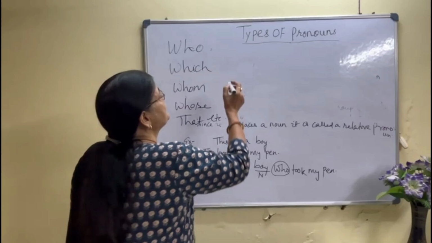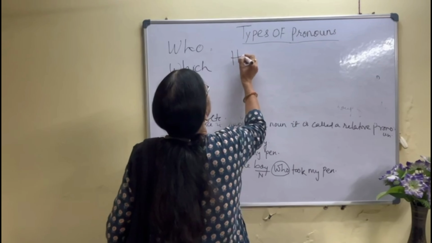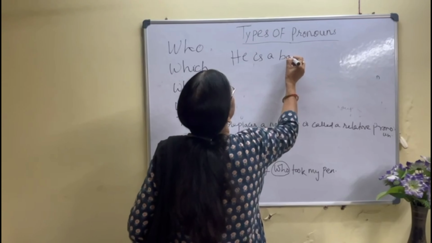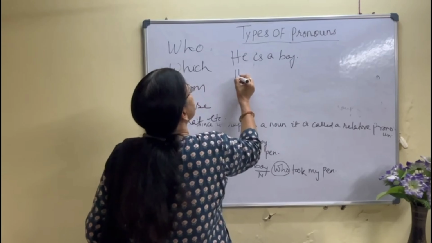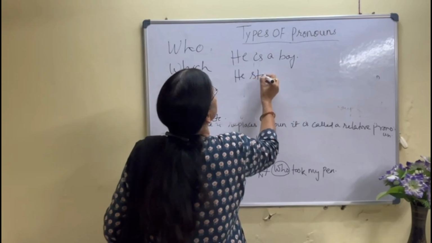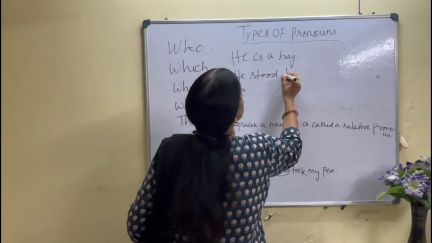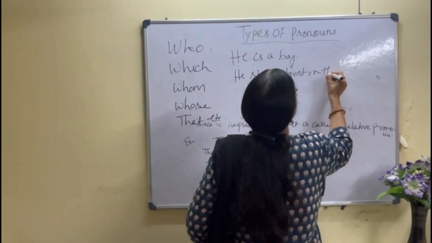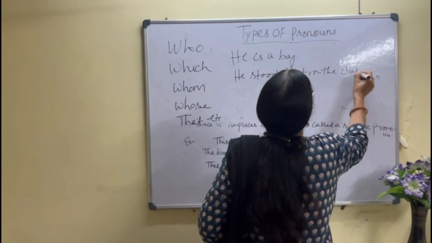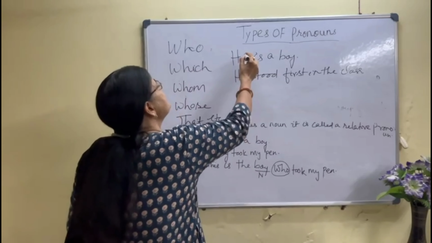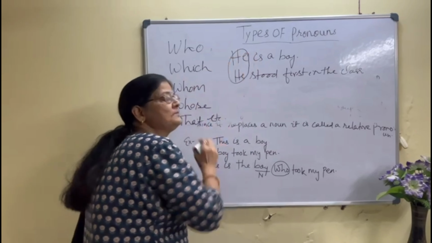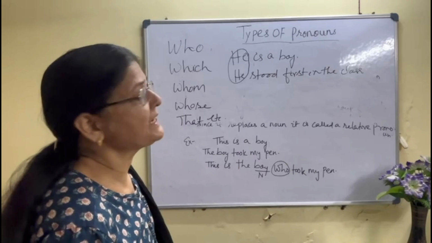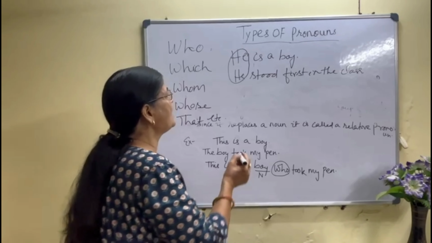For example, he is a boy. He stood first in the class. Now, this repetition of he two times can be replaced by adding a relative pronoun. How?